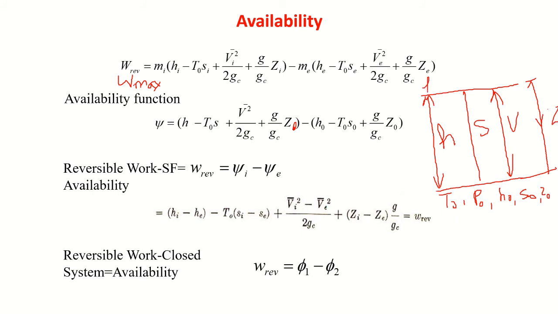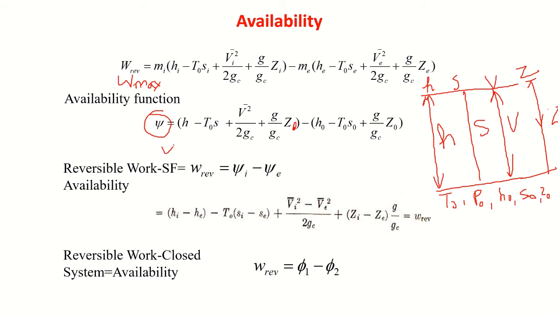So I can call this as H, S, V, Z. So H minus T naught S plus V squared by 2 gc plus g by gc Z, minus H naught minus T naught S naught and g by gc Z naught. This part you can define as availability function.